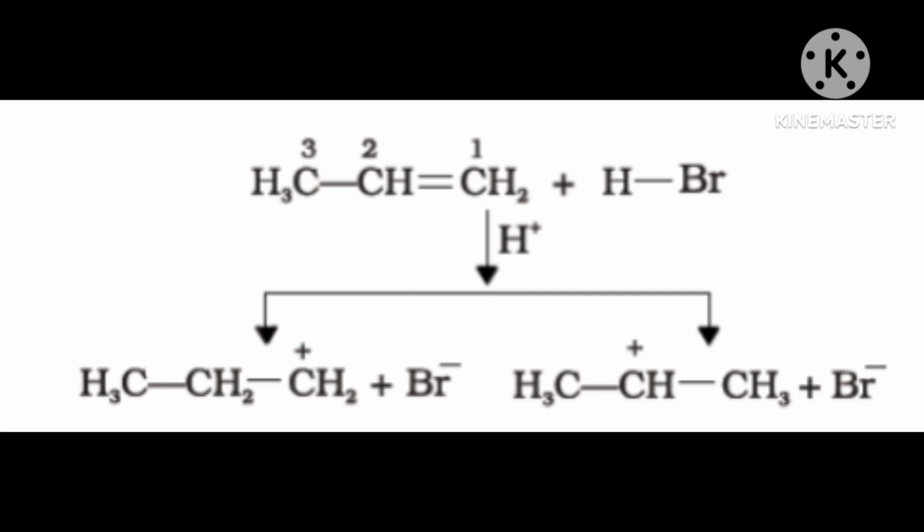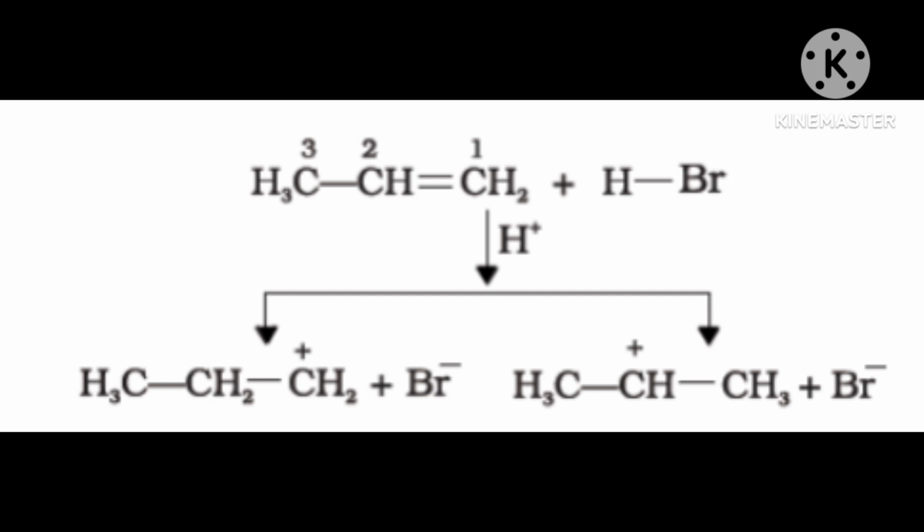Since H has one electron and bromine has one electron, the H electron will attach to the phenyl. It will form benzene and a bromine radical will be created, with one electron. It is very reactive.